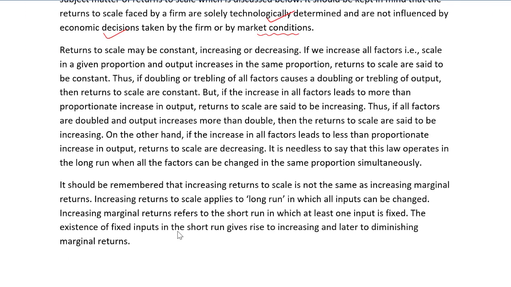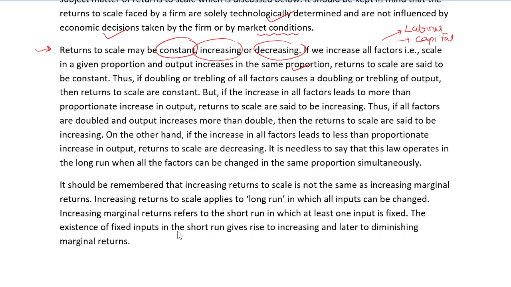Returns to scale may be constant, increasing or decreasing. So there are three stages: increasing returns stage 1, constant returns stage 2, decreasing returns stage 3. If we increase all the factors, fixed factor and variable factor, labor and capital, in a given proportion and output increases in the same proportion, returns to scale are said to be constant.